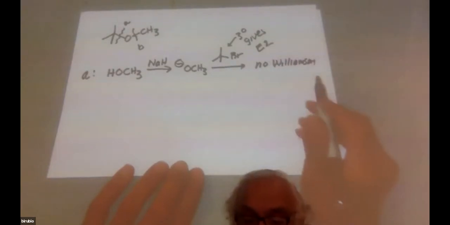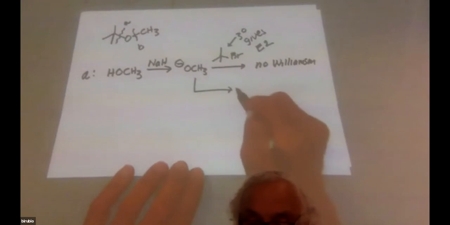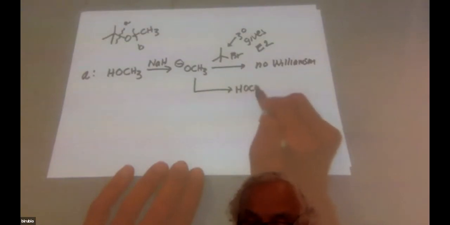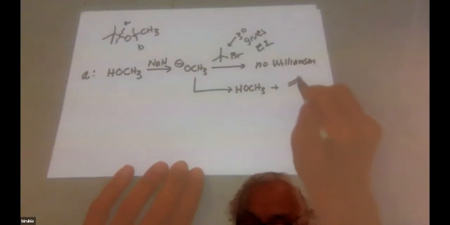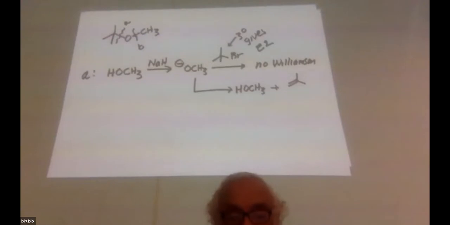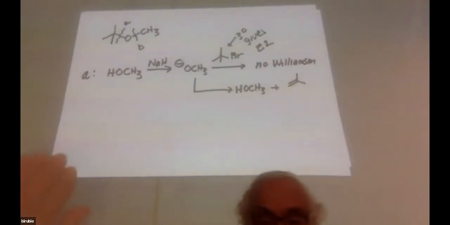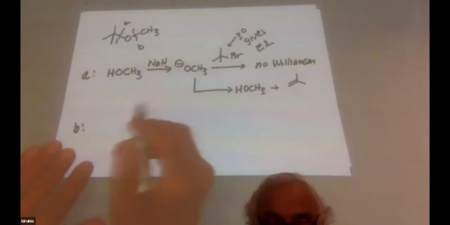The actual product here is going to be the elimination product, where that proton just gets put right back on and we get this elimination product. So A is no good because the Williamson is an SN2 reaction and elimination is the enemy of substitution.